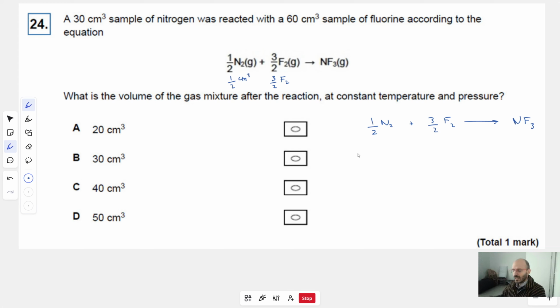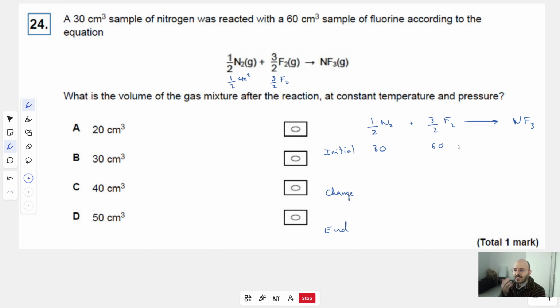Okay, so then as we saw in the previous questions, you do your table: initial, change, end. And then you jot down the data, so 30 and 60.